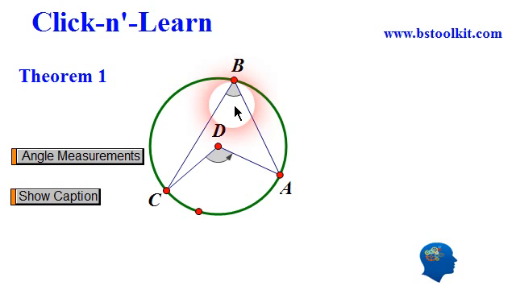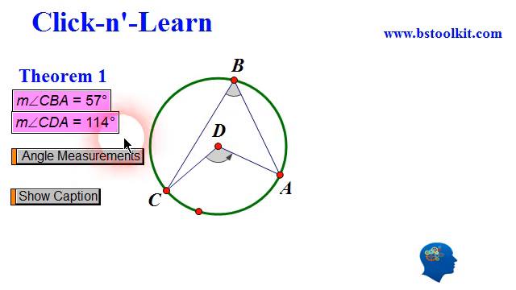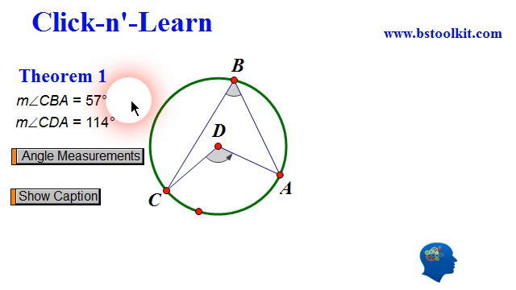Now it will help us if we saw the measurements of these two angles. So let's see the measurements of these two angles. And it shows you that this angle here is 57 degrees, and angle CDA is 114 degrees.